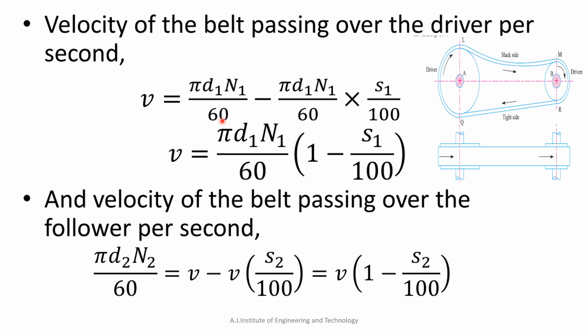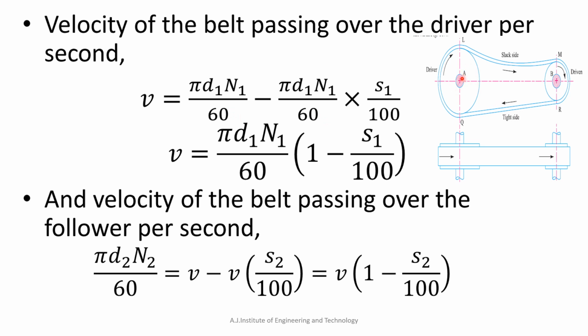Pi d is the circumference of the circle, multiplied by the speed n1 of this wheel, divided by 60. That is the velocity, and that is the actual speed of this pulley. The actual speed of this pulley is pi d1 n1 divided by 60.